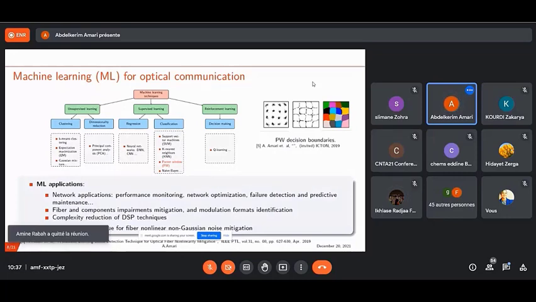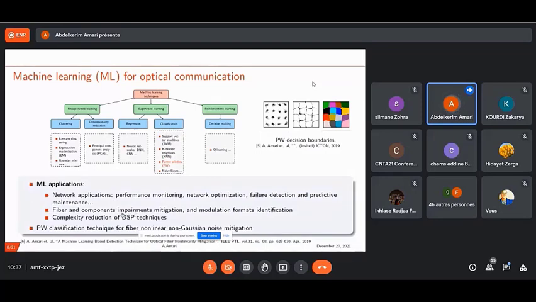And there are some commercial solutions in this context. But it's also used for impairment mitigation of both the fiber and the transmitter and receiver components, and for other approaches like modulation format identification.